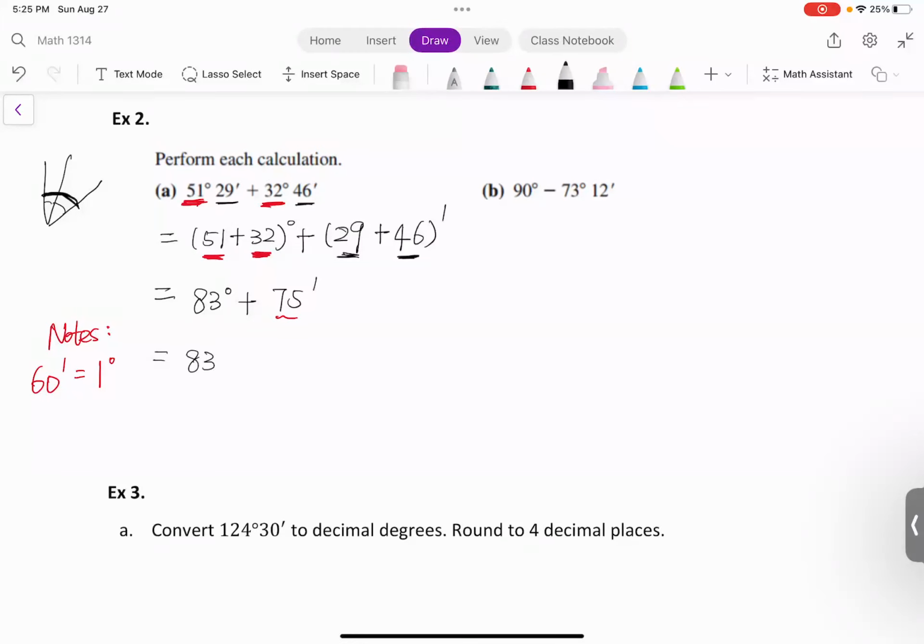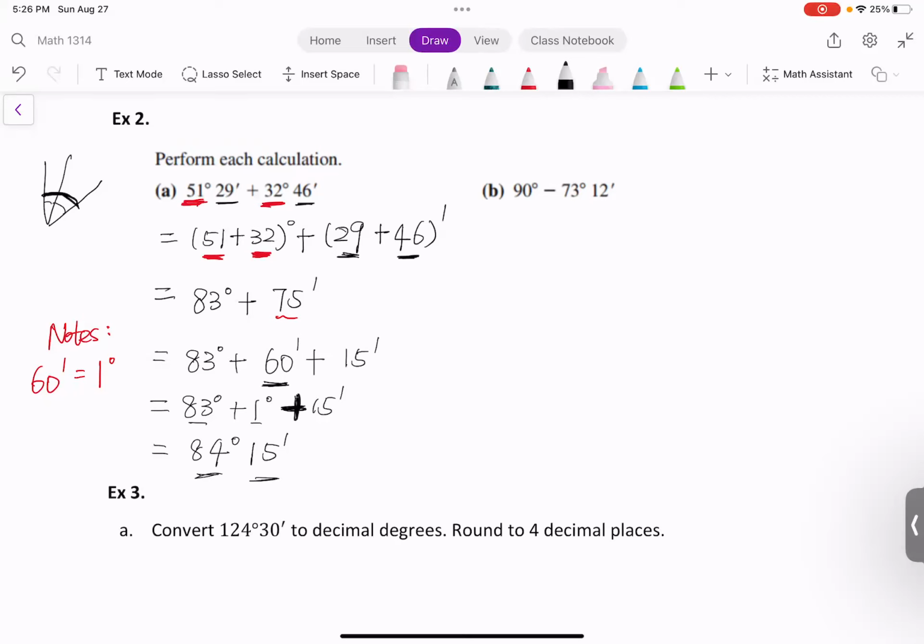So bring the 83 down. I know that 75 equals 60 minutes plus 15 minutes, and this represents 1 degree. So 83 degree plus 1 degree plus 15 minutes. I'm having degree plus degree, 84, then 15. So I can ignore the plus and stick the degree and the minutes together.